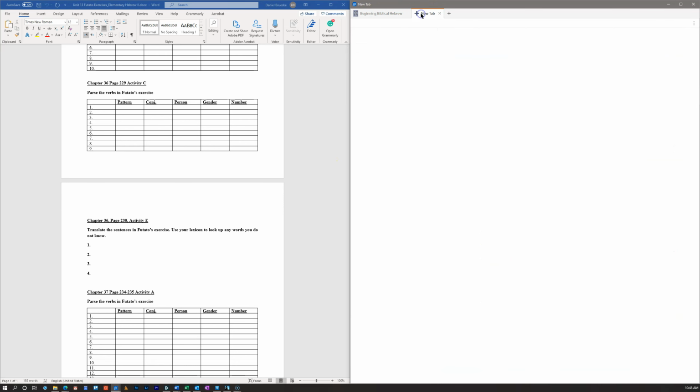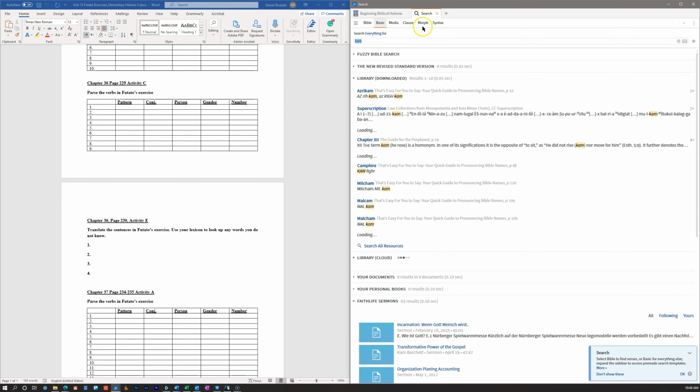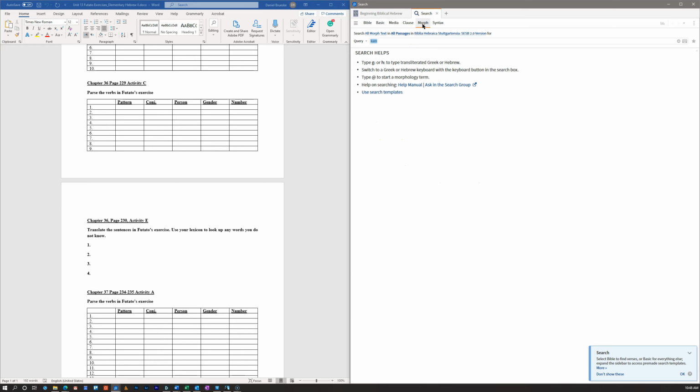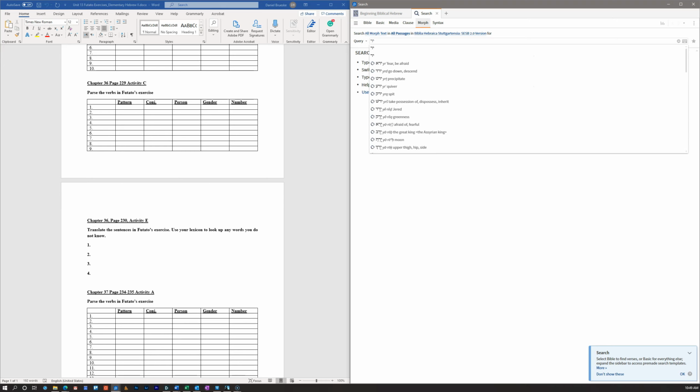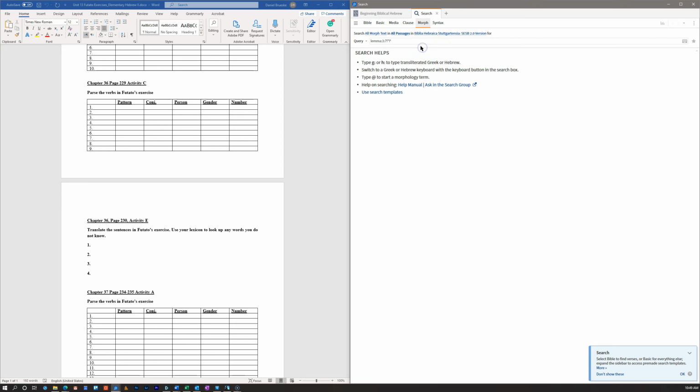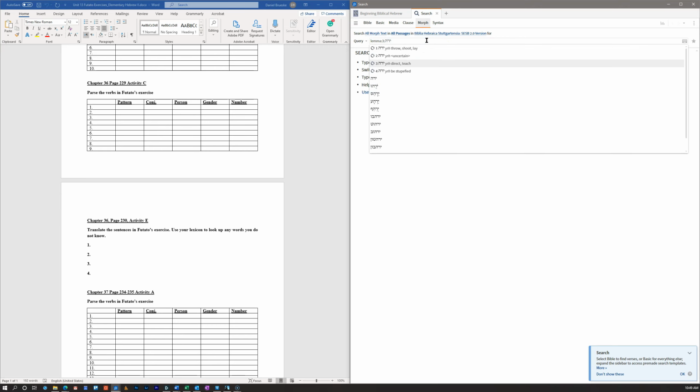Let's try a morphological search. Let me pull up my Hebrew keyboard here. We're gonna look for Yara. I guess I better pick this one.